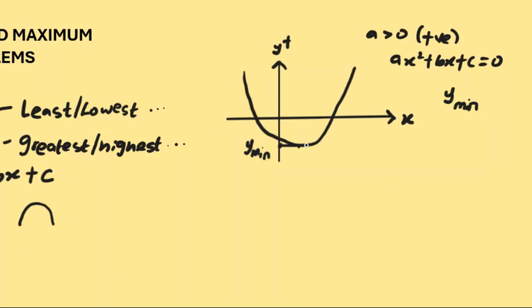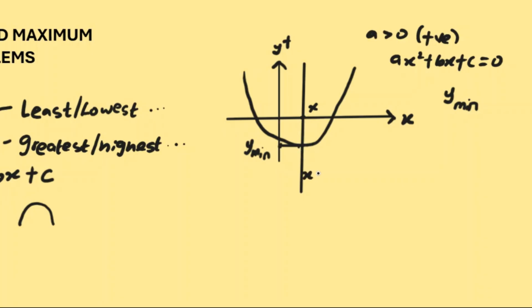Now, the value of x on the x-axis that will give this minimum point is the same point that gives you the equation of the line of symmetry. For example, let's draw a line of symmetry for this curve. At this point, there's a value of x that will give this minimum value.